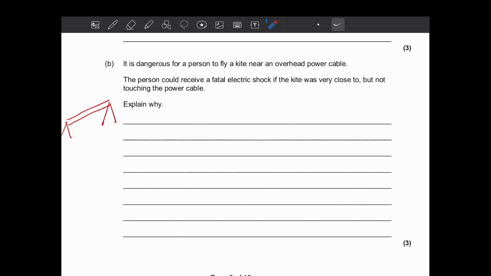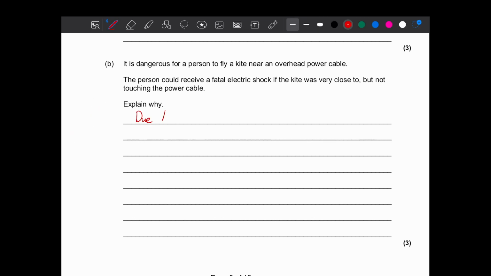The air around the cables can become ionized, and that can lead to the air conducting charge, because when it's ionized, those ions can carry charge. Let's write these points down, talking about the electric field first, and then talking about the ionization of air allowing it to carry charge from one point to another.